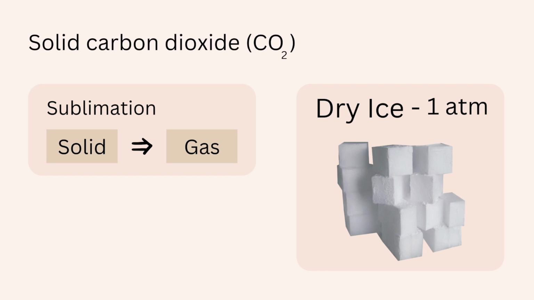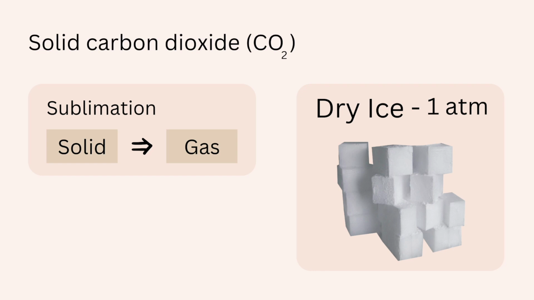Sublimate. Basically, carbon dioxide is an example for sublimation. Dry carbon dioxide directly converts into gas without even considering the liquid state, right? So dry ice is stored under high pressure. When it is brought to the regular pressure, that is 1 atmosphere, it evaporates and becomes gas.